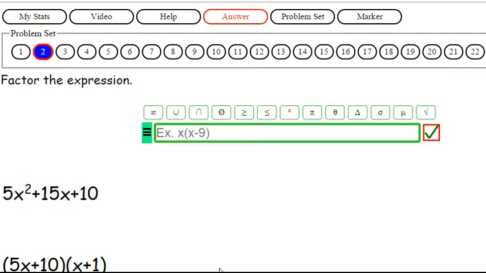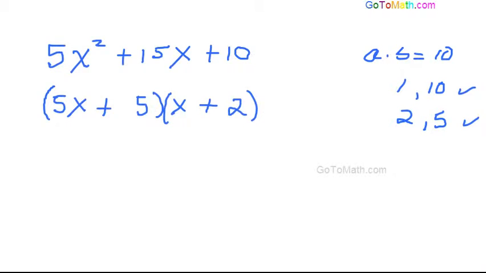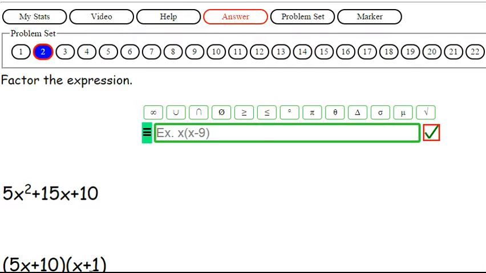I also see something else that I need to add to all this. So we have 5x plus 5 and x plus 2. Let's see, this is a solution.